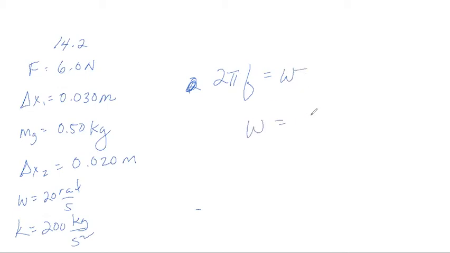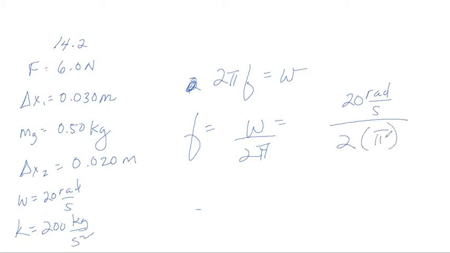So F is going to equal omega over 2 pi, which equals 20 radians per second divided by 2 times pi. And that's going to be 3.2 hertz. So F is 3.2 hertz. That's 3.2 cycles per second.